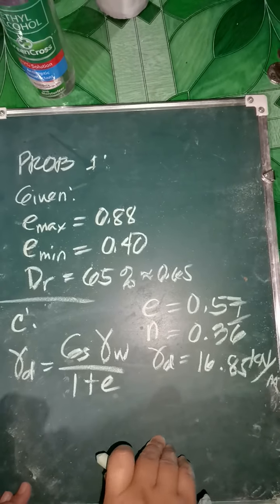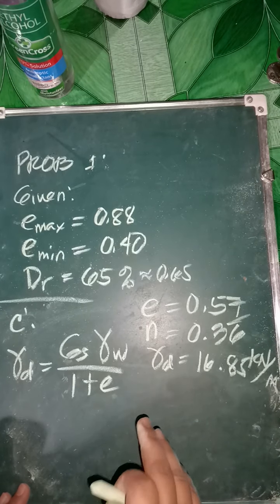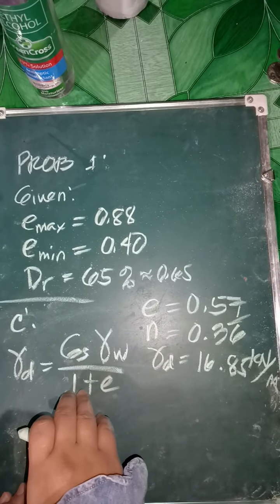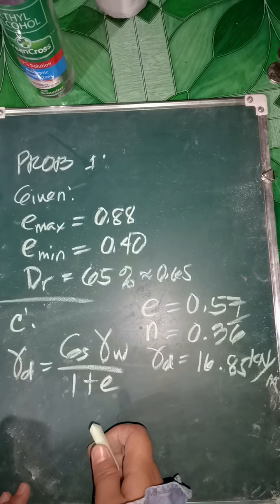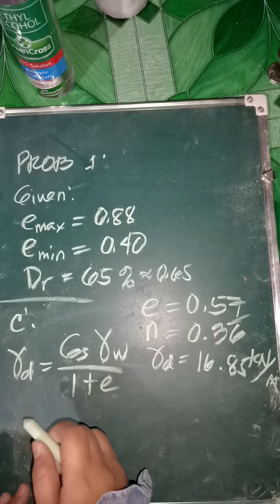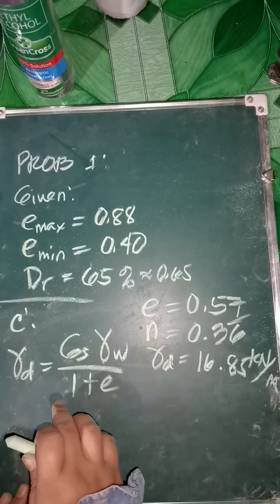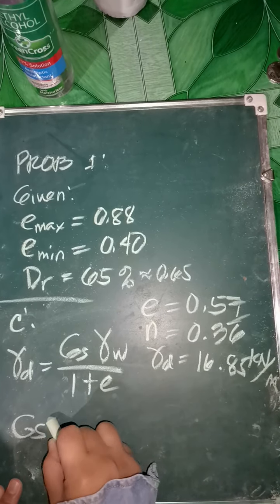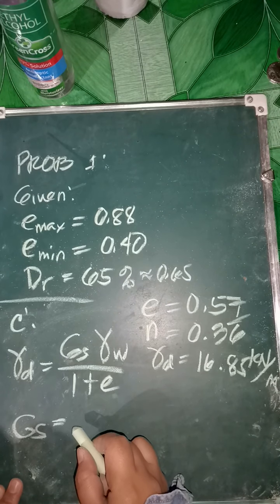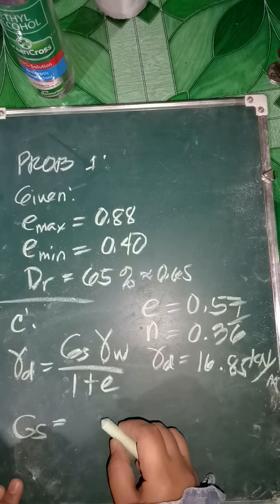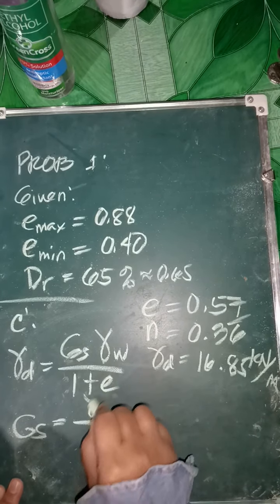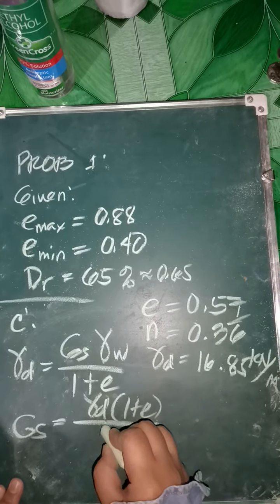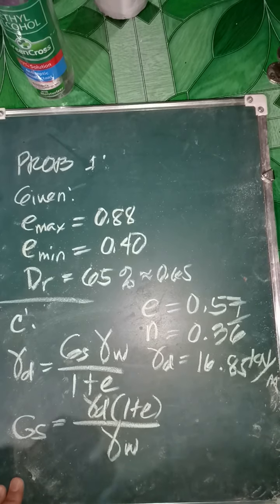You may substitute the values given into this equation, or you may derive the equation. Deriving from this, we will have GS, or specific gravity, equivalent to unit weight dry times 1 plus E over unit weight of water.